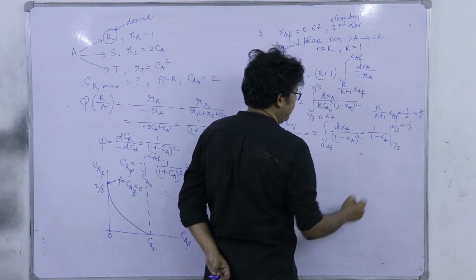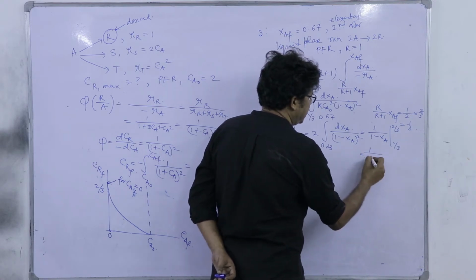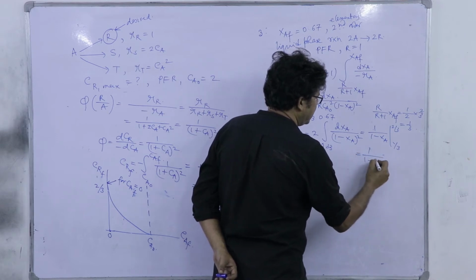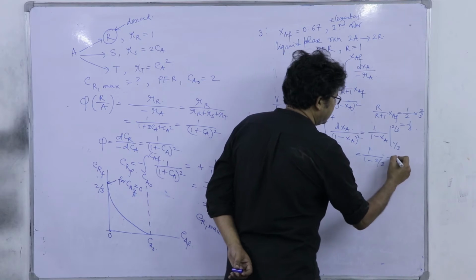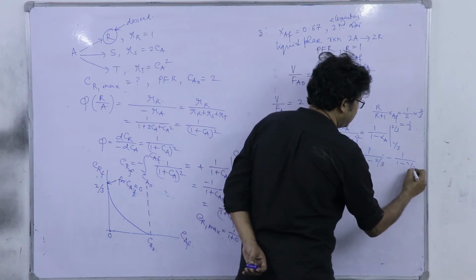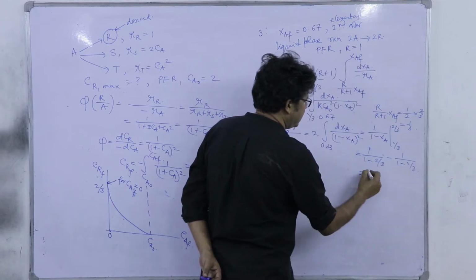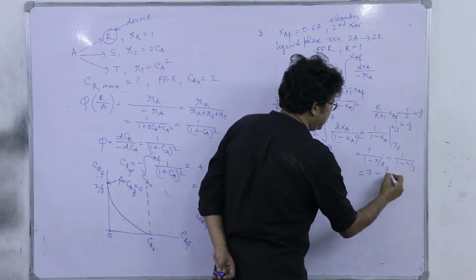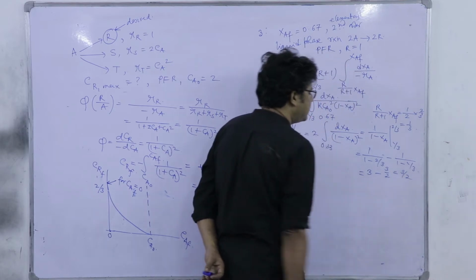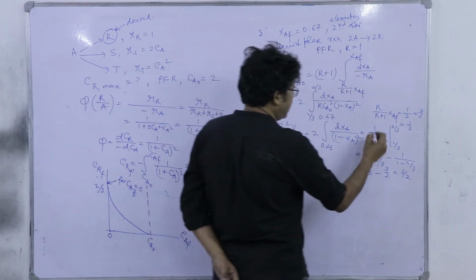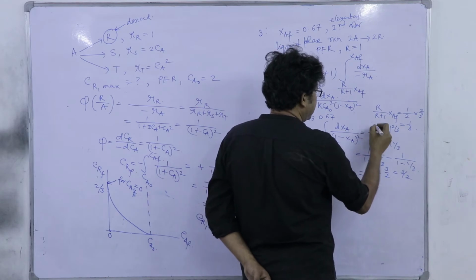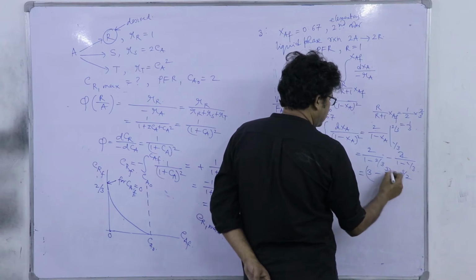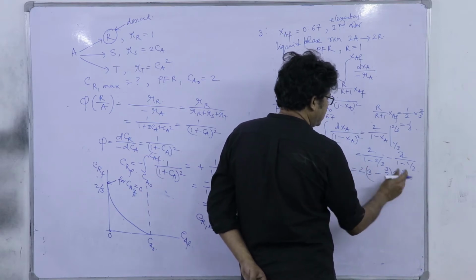So, this is 1 divided by 1 minus 2/3 minus 1 divided by 1 minus 1/3. So, this is 3, and this is 3 by 2. So, this is 3 by 2 multiplied by 2, so the whole bracket is 2, and so it is 3.